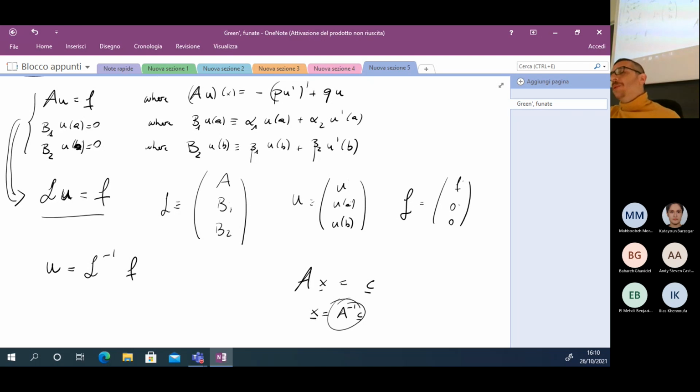When is it possible to write A minus 1? Do you remember? Yeah, actually, A minus 1 A equal to identity is a consequence, but that's actually not enough. Yes, exactly. A matrix is invertible if it has a determinant which is not 0. If the determinant is 0, I cannot define the inverse of the matrix.